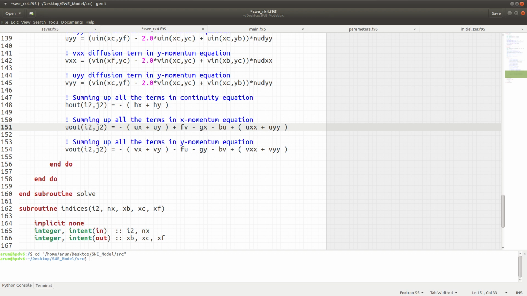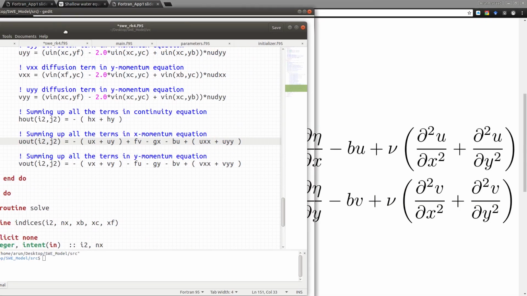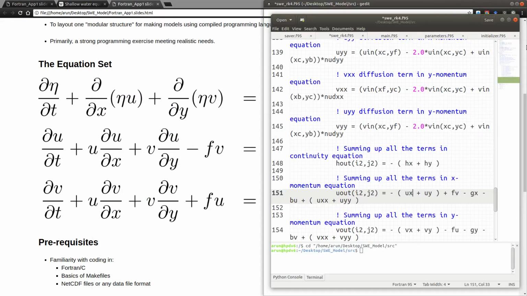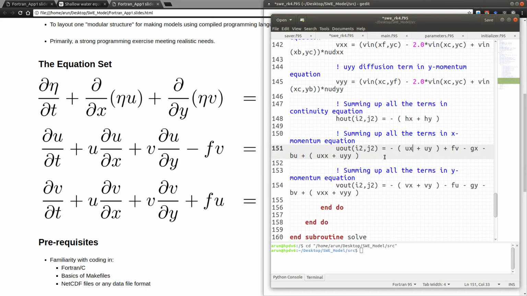If you take these two terms to the negative side, it becomes negative. So this is h out, which is ∂η/∂t, which is minus of hx plus hy.